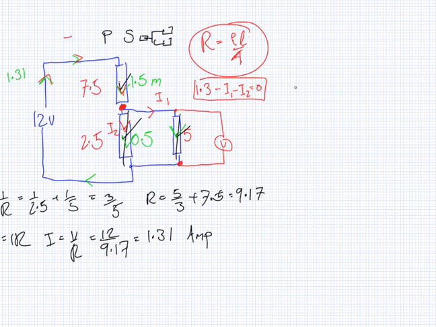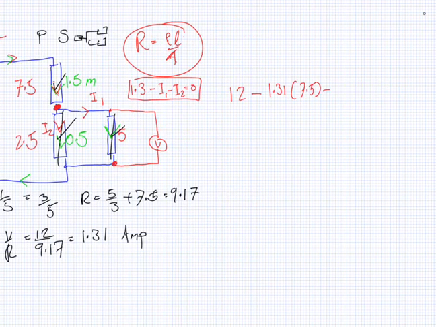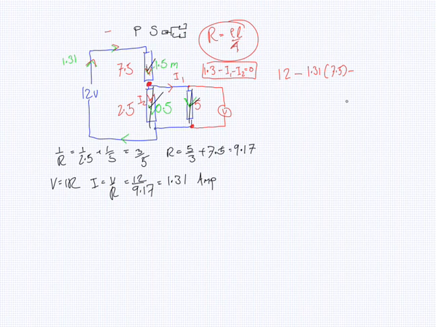We have 12 minus I R minus... can you still see I R? Oh wait, no, the I is not 1.3.